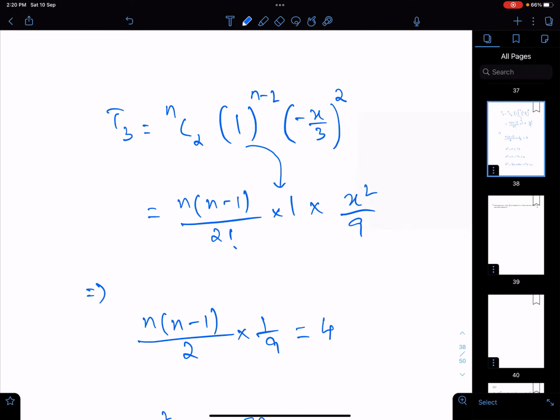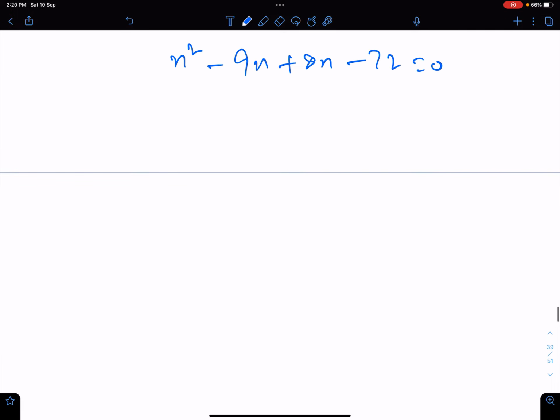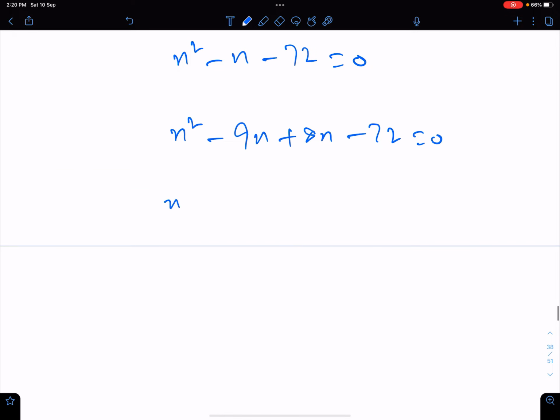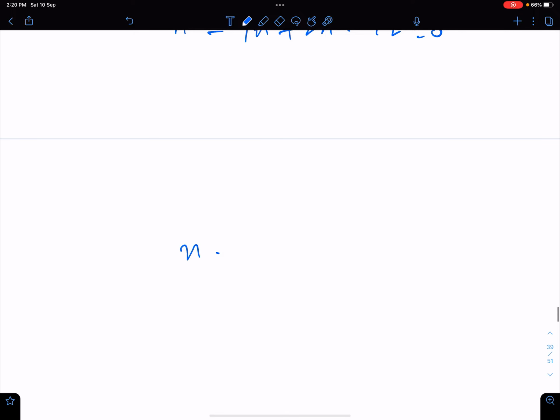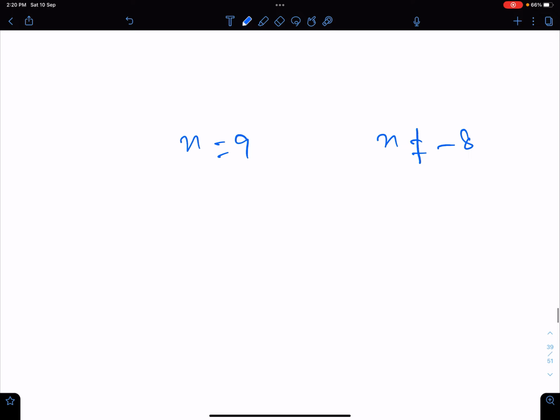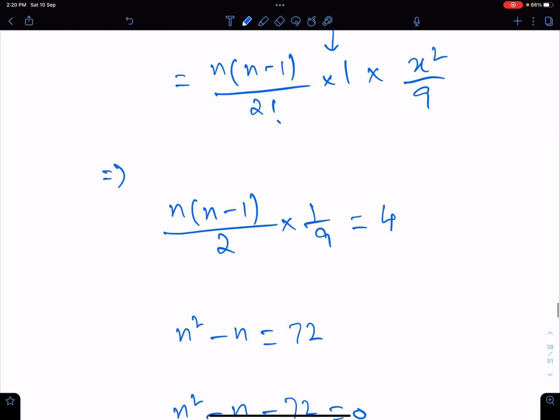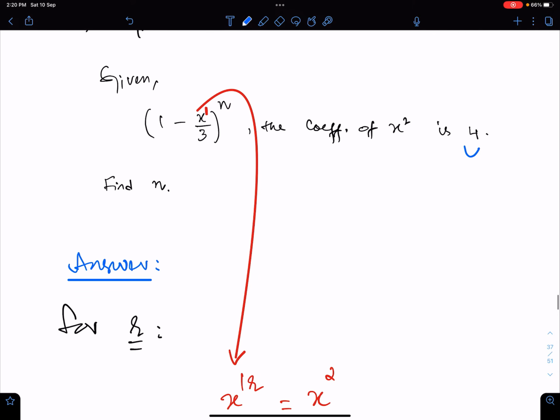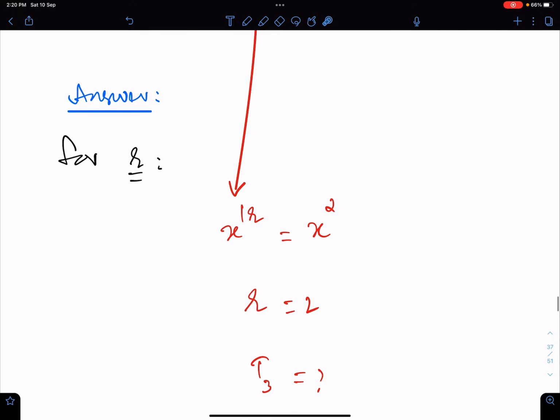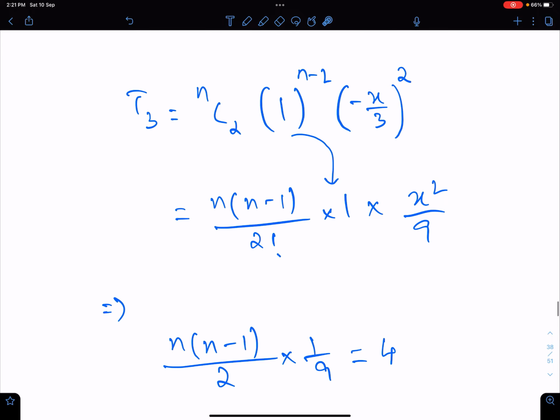So we have 2 values of n. n is 9 or n is negative 8. Since n is always a positive integer, hence 9 is the right answer. This is the required value of n. So to solve these types of questions, when the power of the expansion is unknown, we need to use this form of combination.